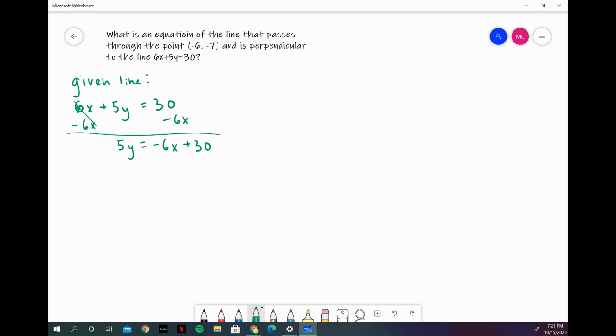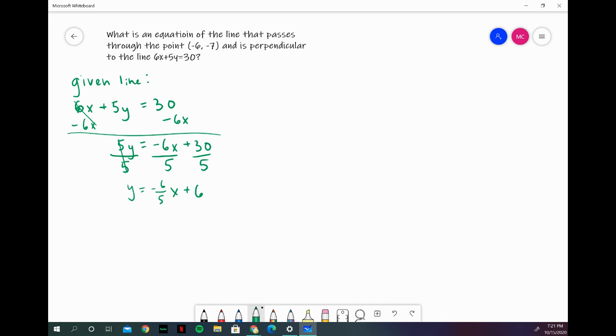Now I have 5 times y on the left side, but I only want 1y. The way I can get it to be 1y is to divide by 5, and I need to divide by 5 on each term. I know that 5 divided by 5 is just 1, so I have 1y is equal to -6/5 times x plus 30 divided by 5, which is 6.